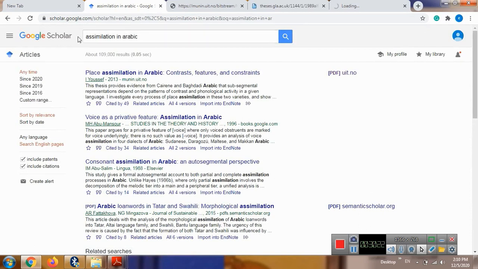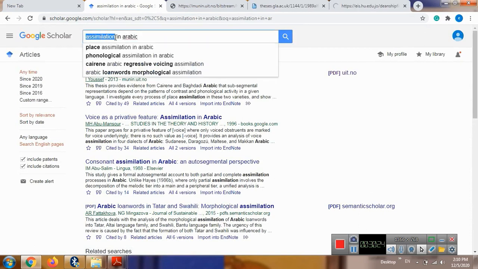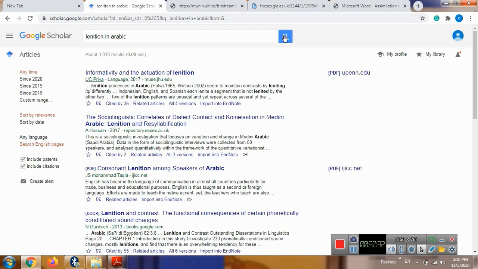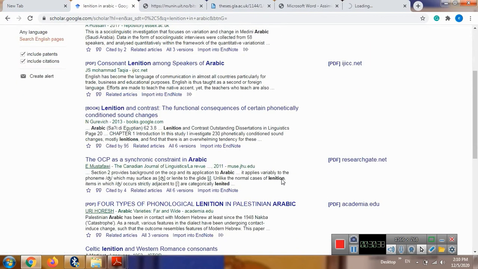And for example, I want to search for others, like lenition. By following these steps easily, you can find the phonological processes in your language, and you can see many examples, and you can do these processes for your thesis.